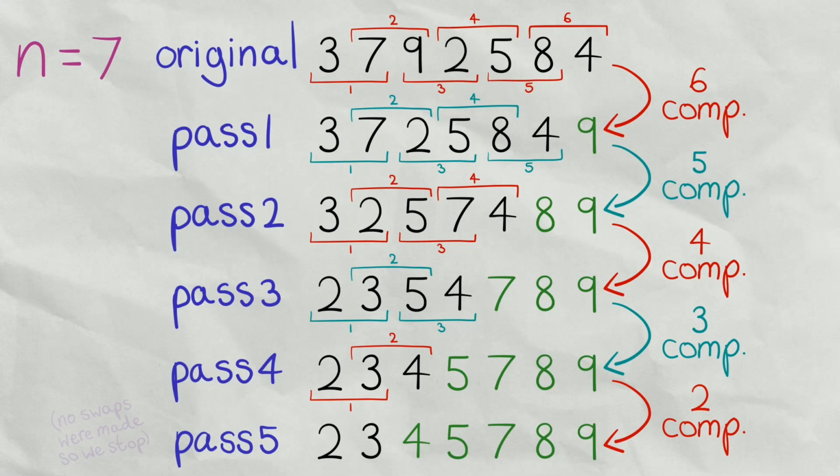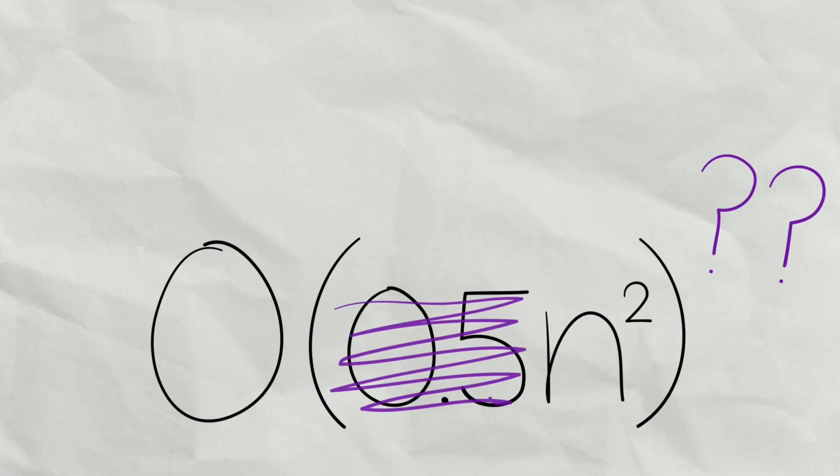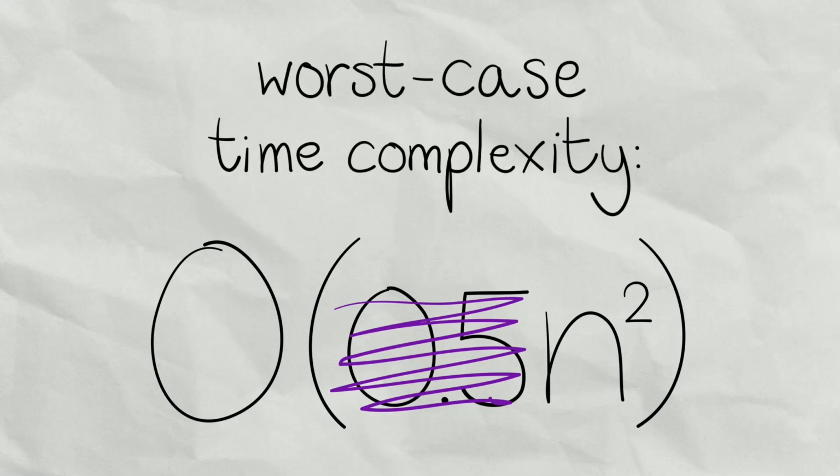By the time we get to the last few passes, we'll only be making a few comparisons. This will actually mean we roughly cut our total number of comparisons in half. This is very beneficial for smaller lists. Despite this, we're essentially making our complexity O of 0.5 n squared, but we always ignore constants, so this remains at O of n squared.